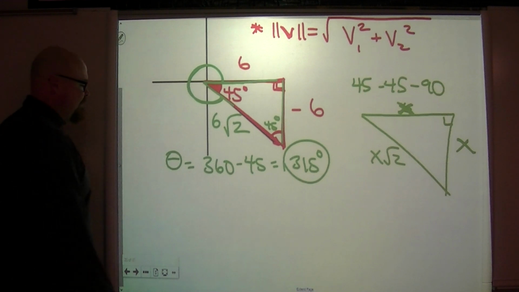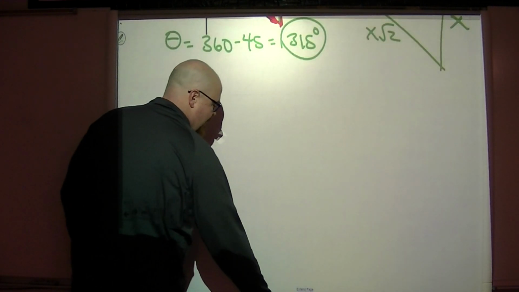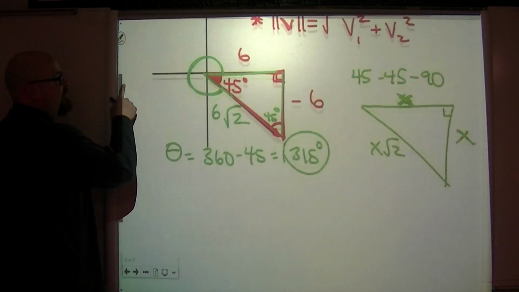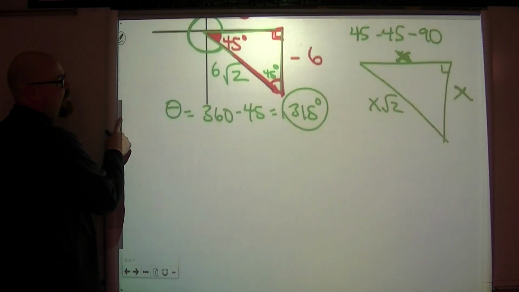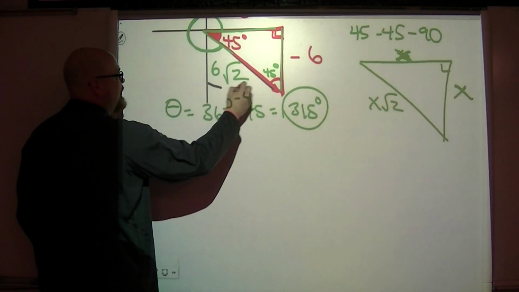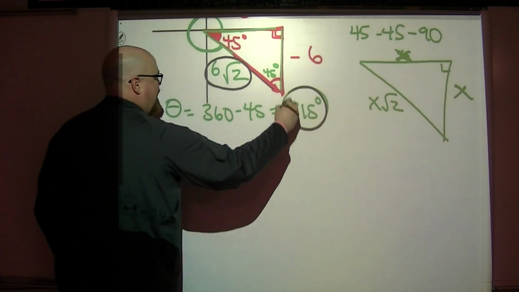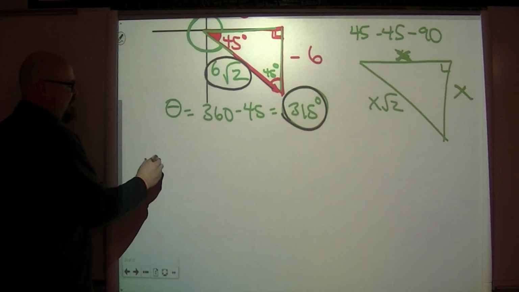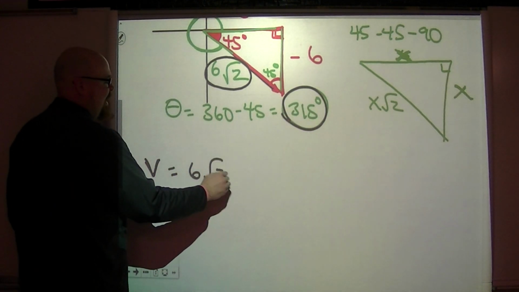So just for fun, it doesn't ask me to do this, but I'm going to do it because it follows a theme of some of the previous videos leading up to this. Now that I know the magnitude and the direction angle, I can express vector v like this. 6 radical 2, right?